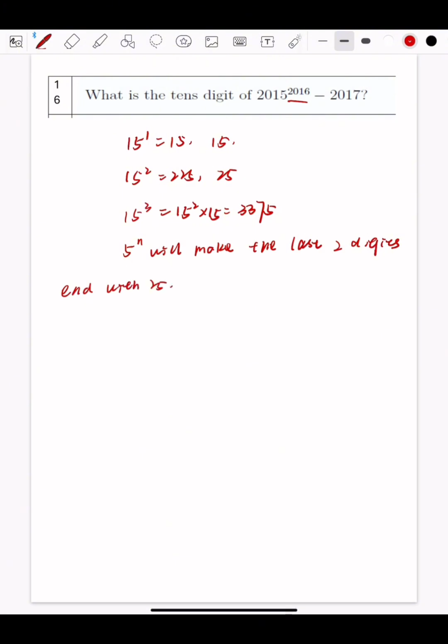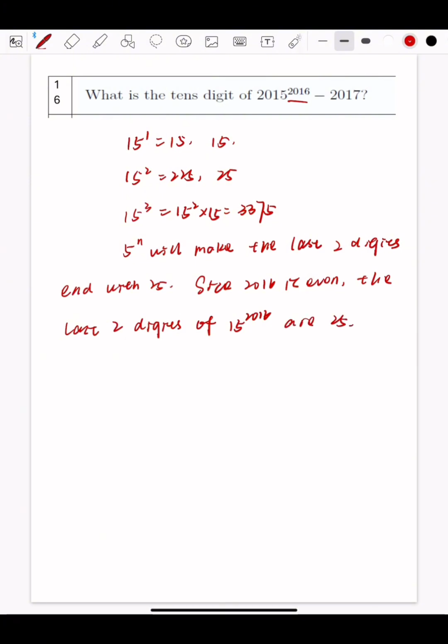When it is multiplied by the appropriate powers of 3, since this number is even, the last 2 digits are 25.